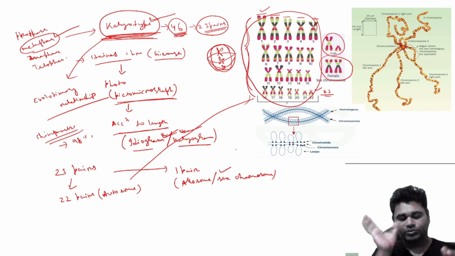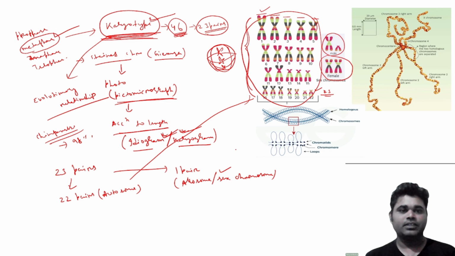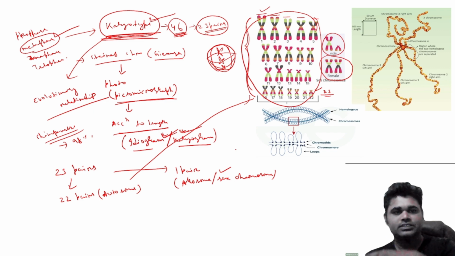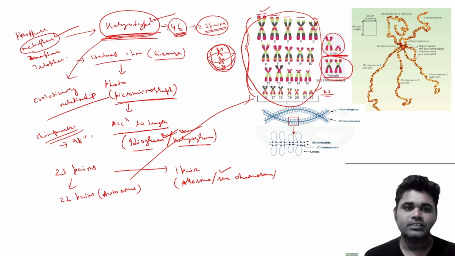This chromosome determines the sex of the human being. It determines whether the human being is going to be male or female. Look at this structure. This is the female sex chromosome and this is the male sex chromosome. If the human being is male, then this will be absent.